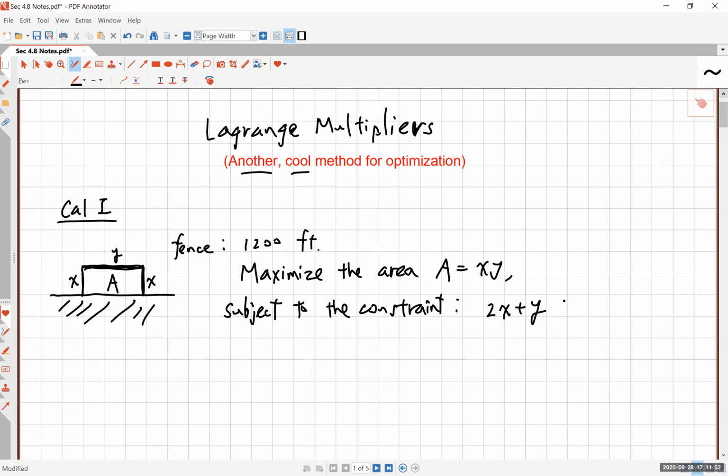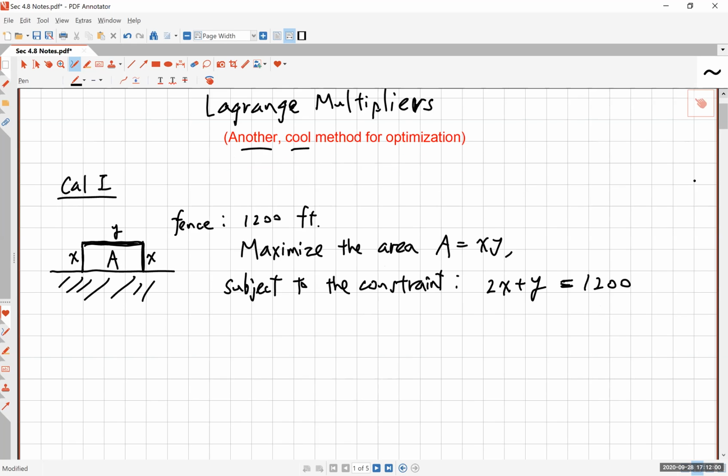That's the total length of this fence, which has to be 1,200. It's actually less than or equal to, but of course, if you're trying to maximize the area inside, then you want to make sure that it is exactly 1,200. This is an easy question. What you have to do is write y in terms of x, that's 1,200 minus 2x, and then plug that into the area you're trying to maximize.